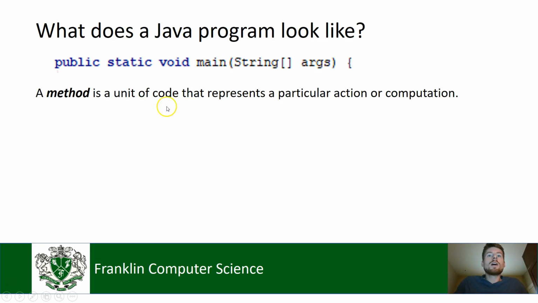So methods are units of code that represent a particular action or computation. In this case, this is the main method, and all programs need a main, which is your starting point, your jumping off point for the program. This is where the computer is going to look first when you run your code. It's going to go to the main method, wherever that is, and then it's going to start running the code line by line from there.